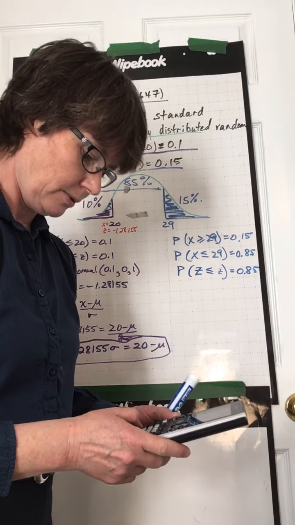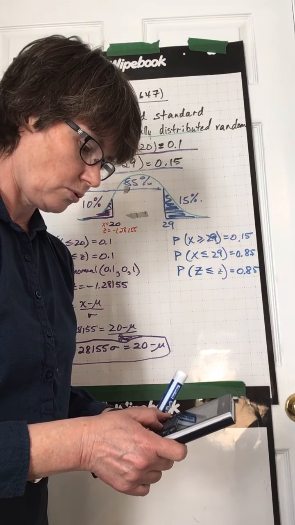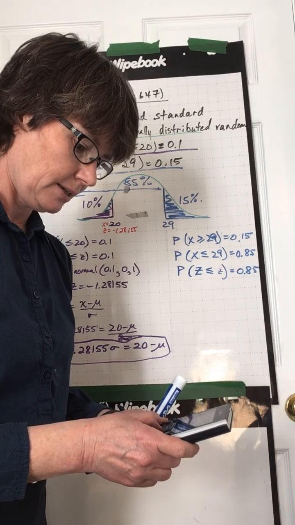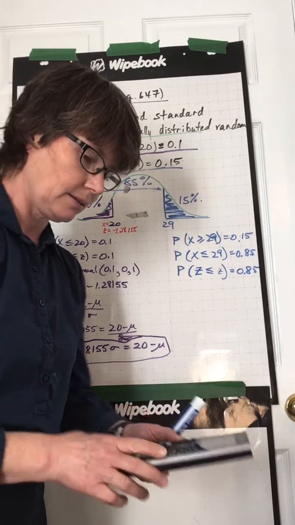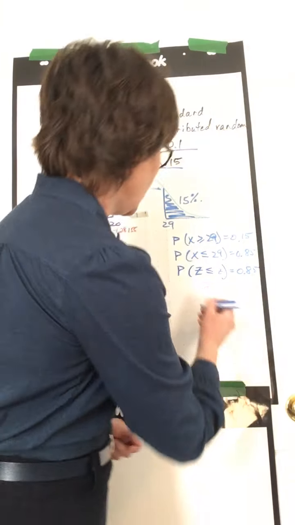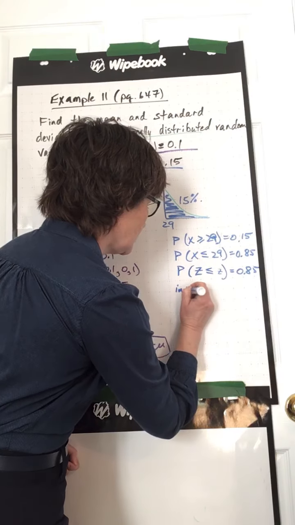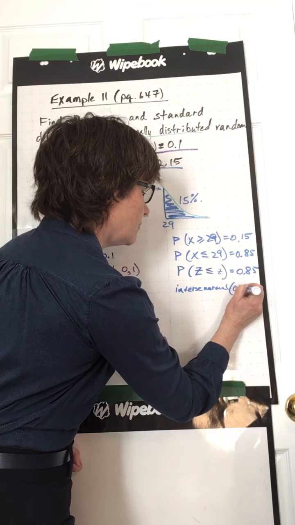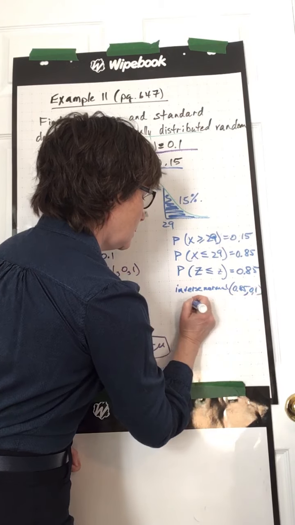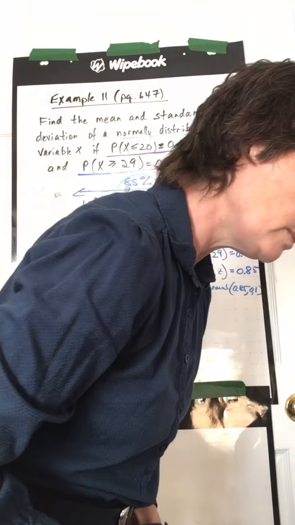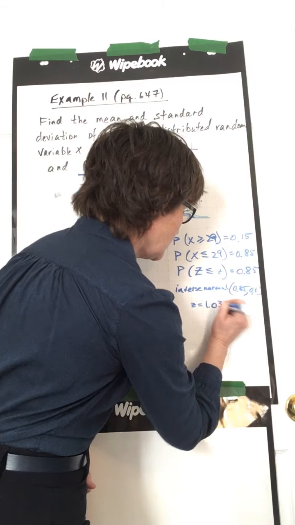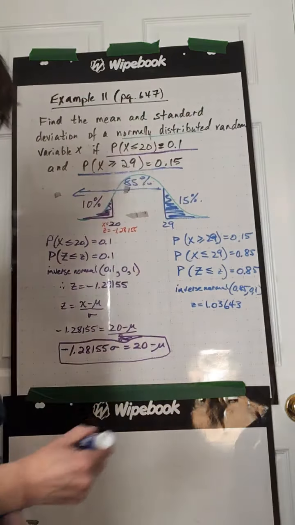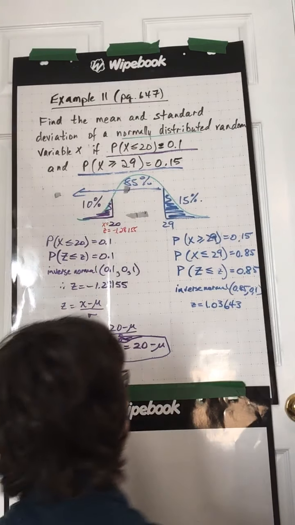For some reason it didn't do it for me, I have to redo it. I must have pressed cancel instead of okay. Inverse normal, 0.85. So little z is 1.03643.